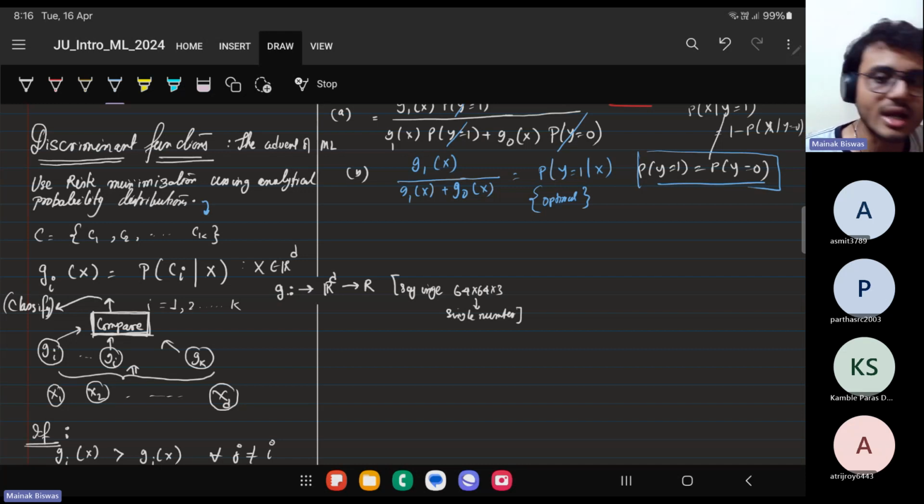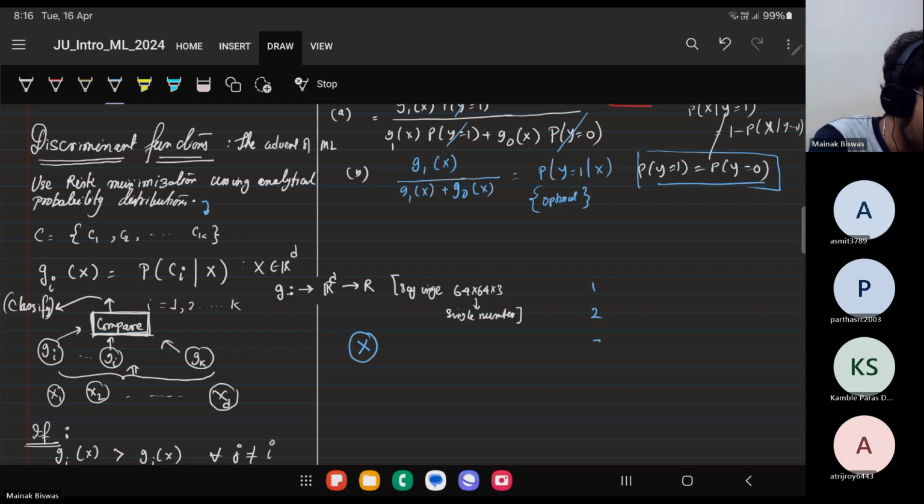A simple way is, say you have data X and you have k classes 1, 2, 3, up to k. What can I do to classify into k classes is my question. Say cats, dogs, buildings, humans, and so on.